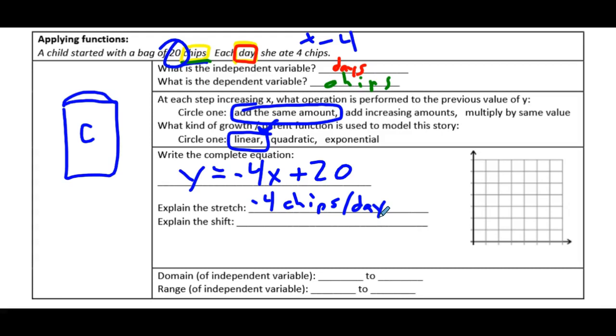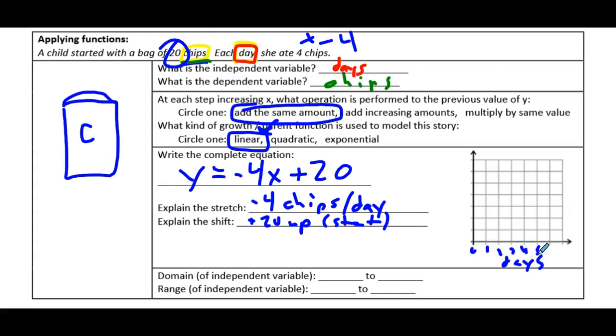In the shift, we start plus 20 up as our starting point. And it turns out the whole graph is actually shifted 20 up because otherwise we would be already in the negatives on day 1. So if we're going to construct a graph of this now, I'm going to count my days as my independent variable on the bottom, and I'm going to count that 0, 1, 2, 3, 4, 5, and so forth.